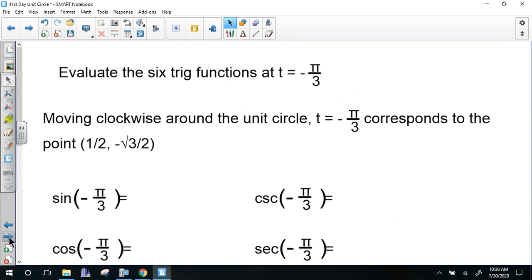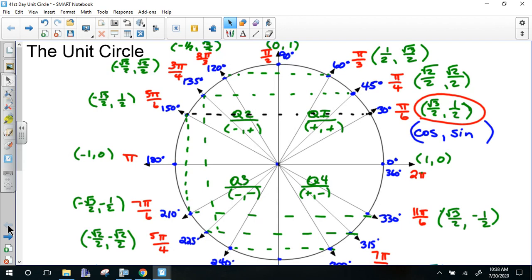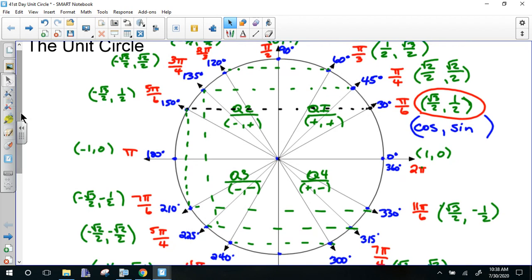All right. Now we want to do it for the angle negative pi over 3. Now remember, negative angles go in a different direction. Let's go back to our unit circle. If I want to go negative, I have to go clockwise, and I go a distance of pi over 3. Well, the distance of pi over 3 is 60 degrees.